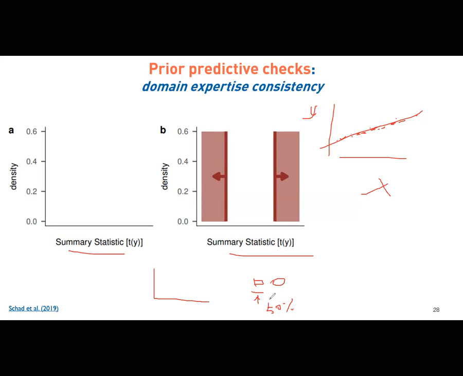So in this sense, you could rule out the parameters that give you 0% or 100% accuracy, okay? Maybe, for instance, here this is 10 and here this is 90.